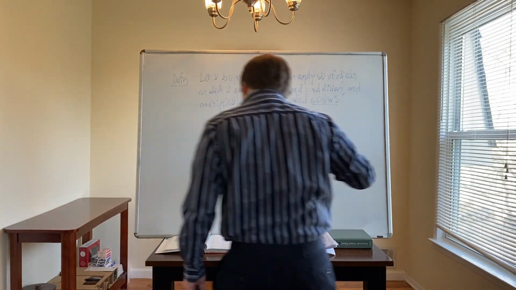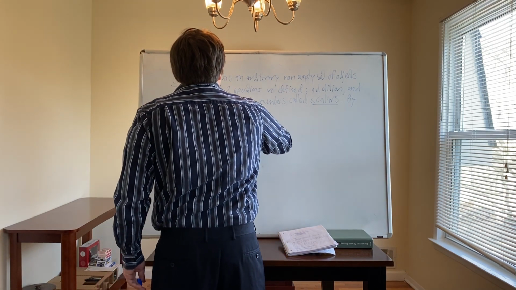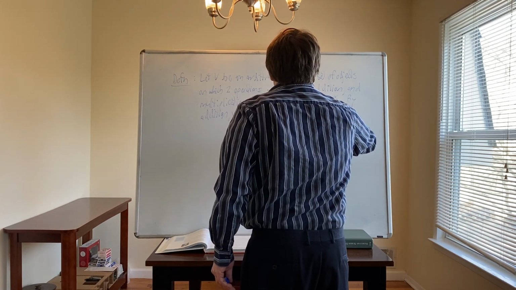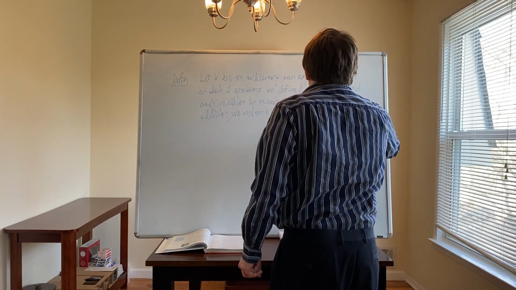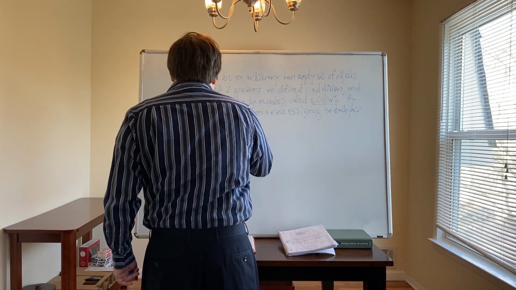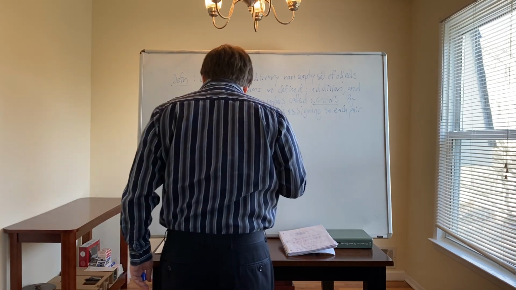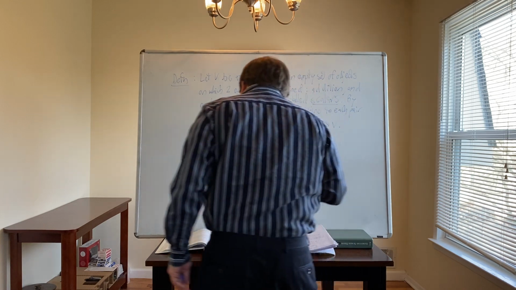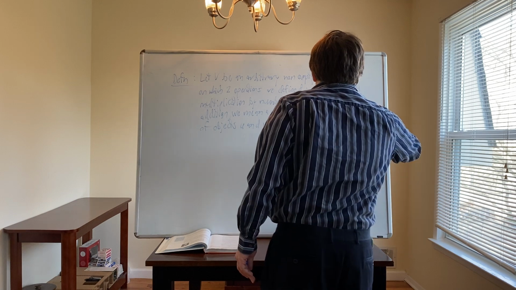Okay, by addition, we mean a rule assigning to each pair of vectors, of objects u and v in capital V, an object u plus v, called the sum of u and v.